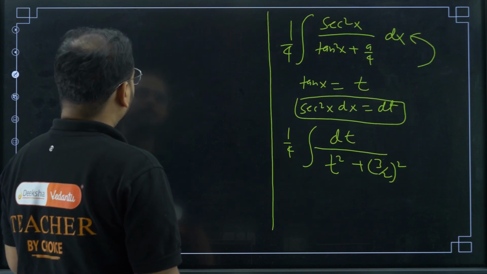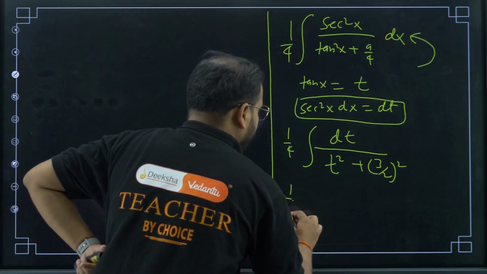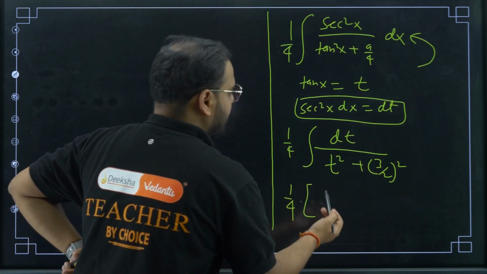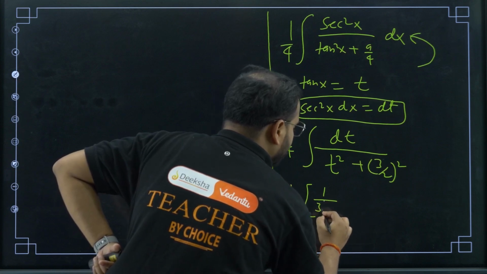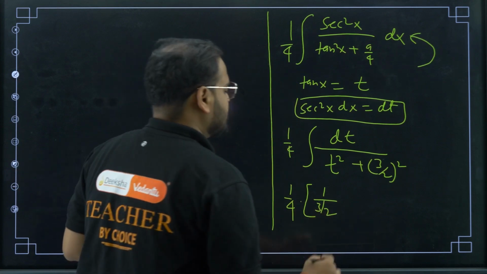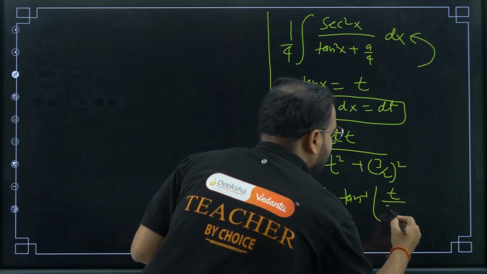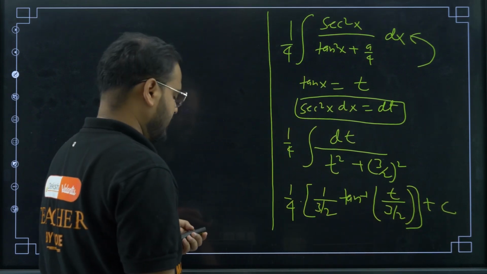Okay, so if I do that, first of all I have to write here like this, 1 by 4. Okay, and I am writing the integration right now. So 1 by a, right? So 1 by 3 by 2 tan inverse of what? t by 3 by 2 plus c will come.